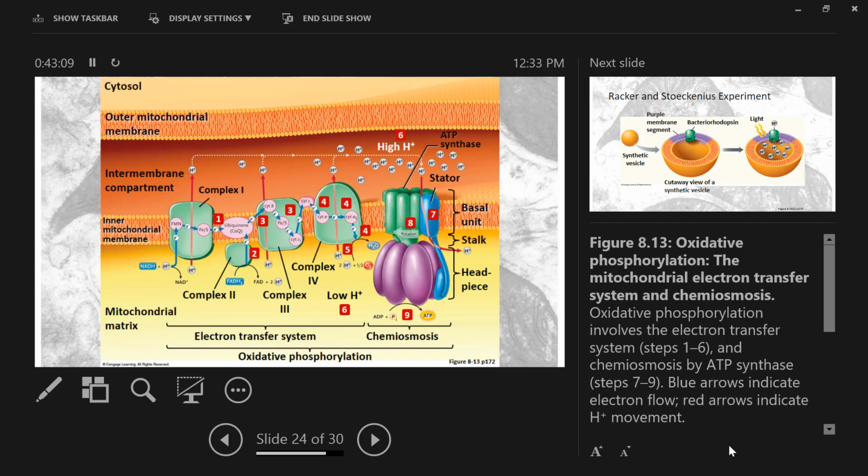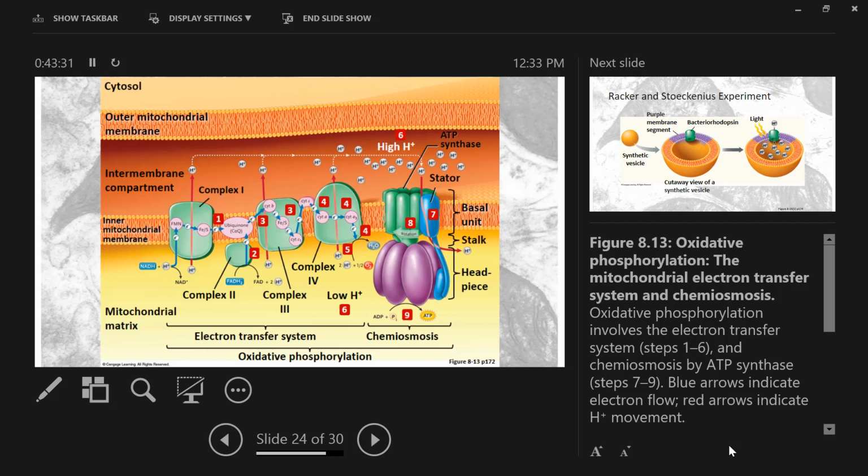Here's ATP synthase, the only place where hydrogen ions can actually move through, and they will really fast. And that kinetic energy can be harnessed to basically turn this mechanism and take ADP and an inorganic phosphate and make them into ATP. Okay.